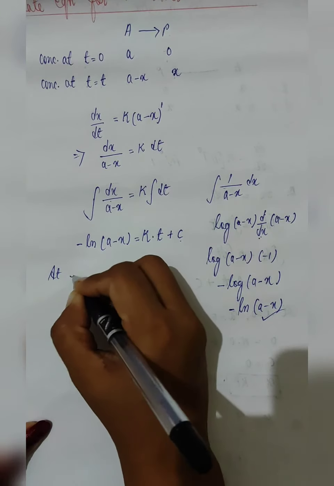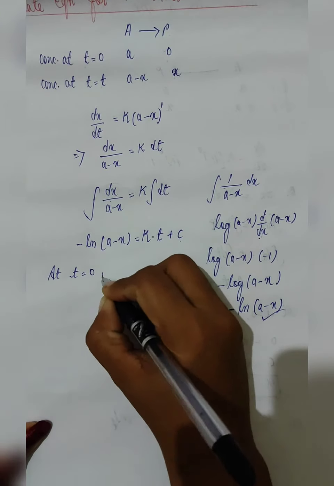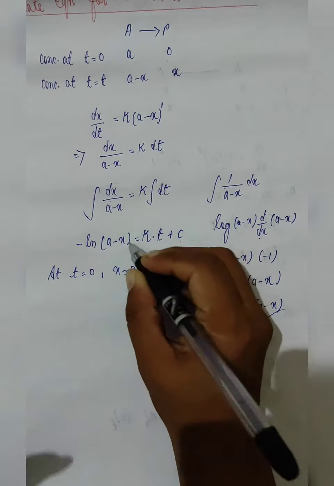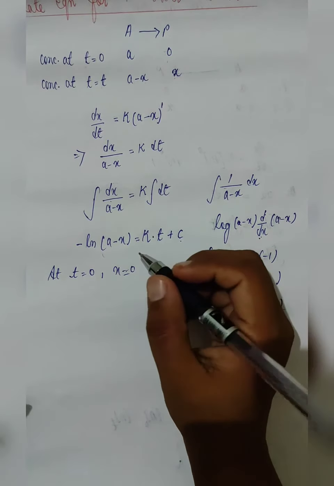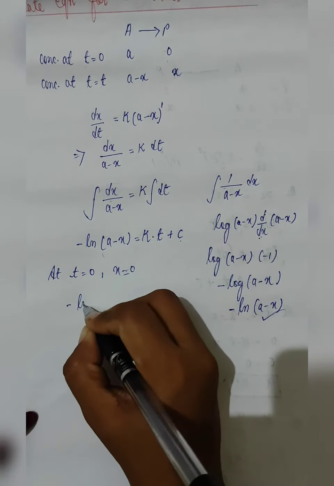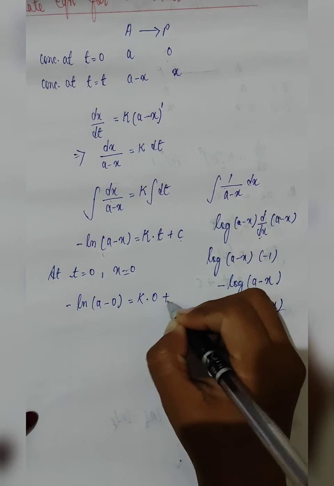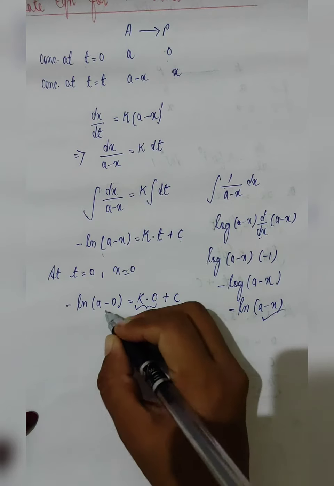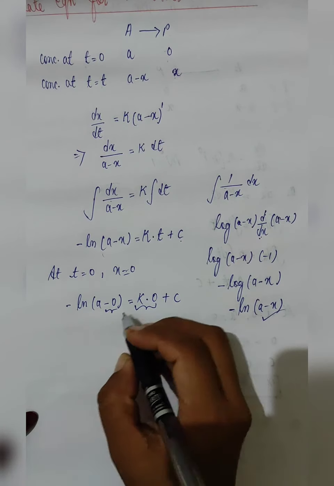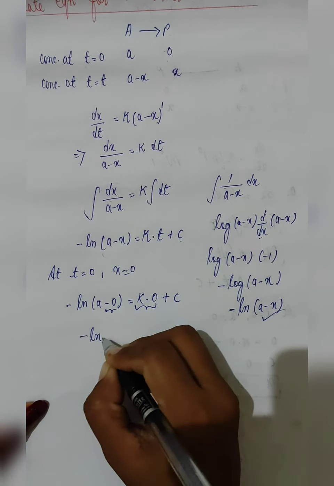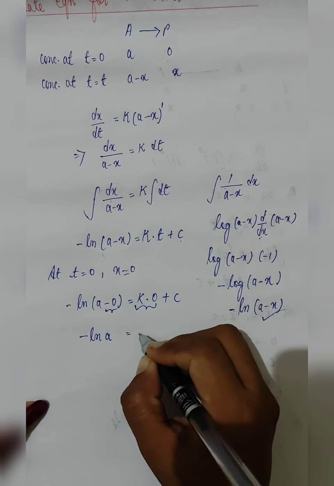Now at time 0 and x 0, this equation can be written as minus ln a minus 0 is equal to k times 0 plus c. So this will be 0, this will also be 0. So from here we get minus ln a is equal to c.